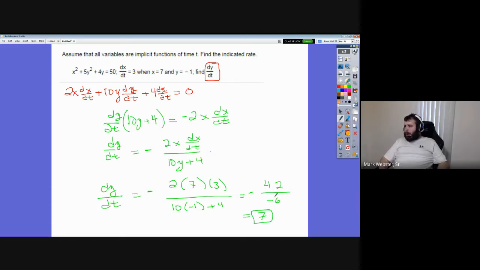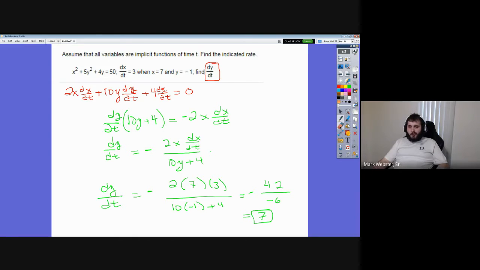That's one way of organizing yourself. First, solving for dy/dt, then plugging stuff in and getting your answer. If you like that way, that's great. You can do it that way if that organizationally works for you. I also am totally fine, I don't care, however you do it.